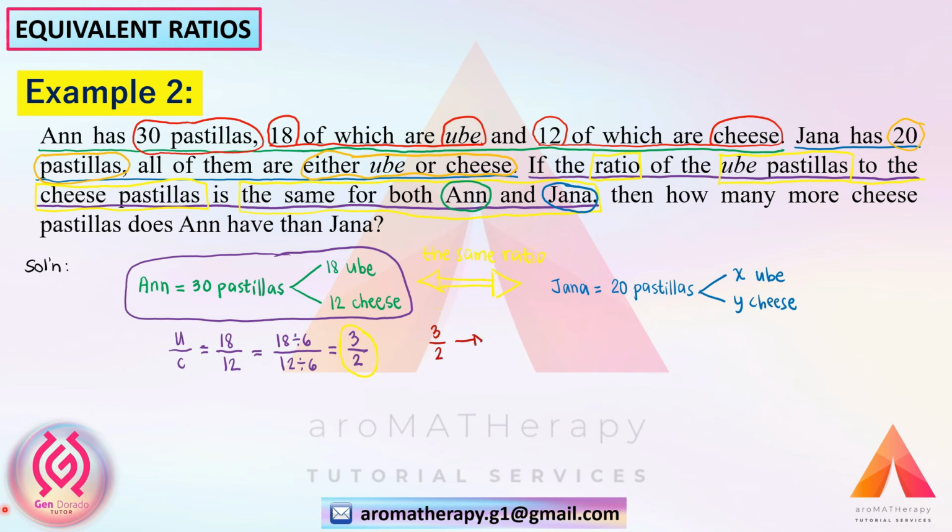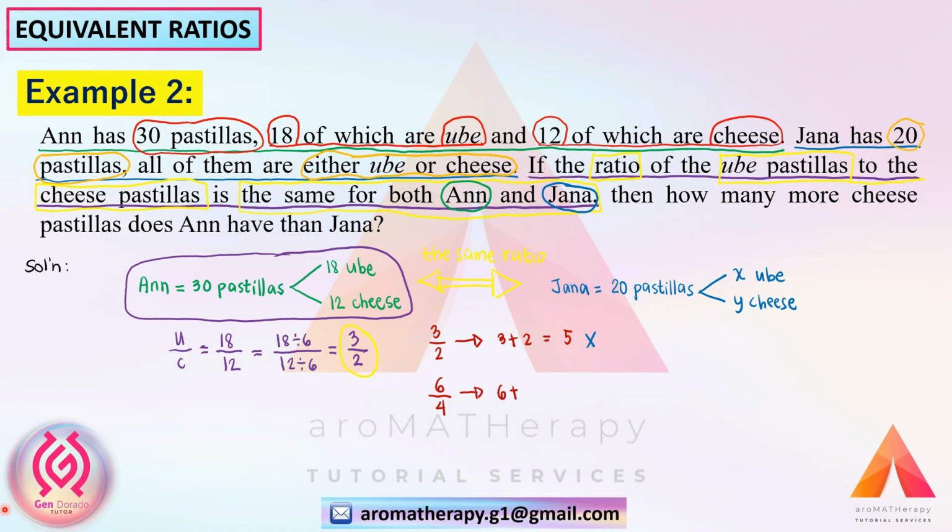Okay, you're right. 3 over 2 times 1. Times 1 muna natin. 3 plus 2 is equal to 5. So, hindi pwede. So, lagyan natin x. Next, times 2. So, 6, 4.